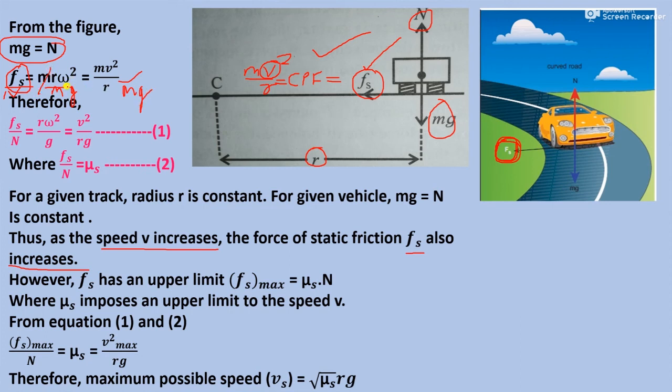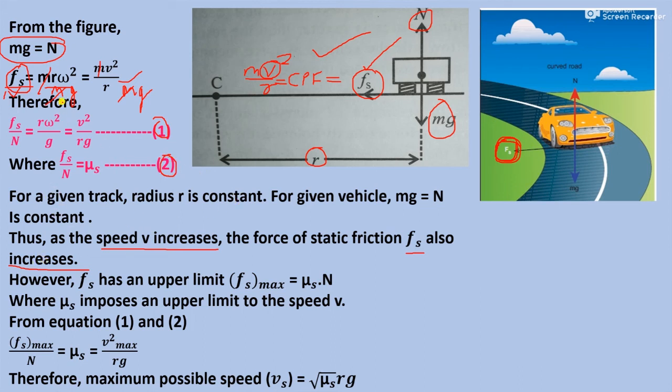So m gets cancelled, and you are left with r omega square by g, you can see here. And here also m gets cancelled and you are left with v square by rg. This we call equation 1. And we also know that Fs by N is nothing but mu s, from the definition of coefficient of static friction, called equation 2.